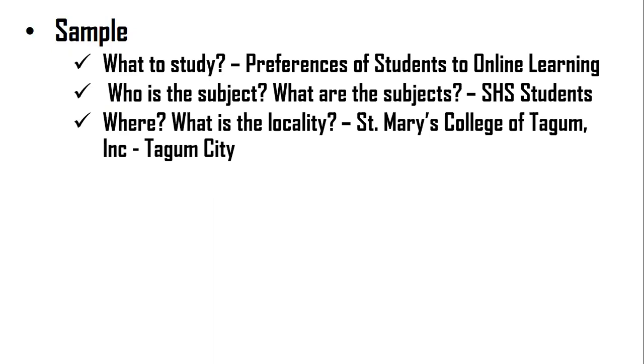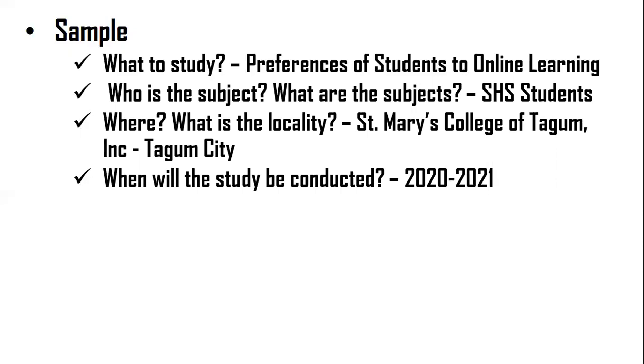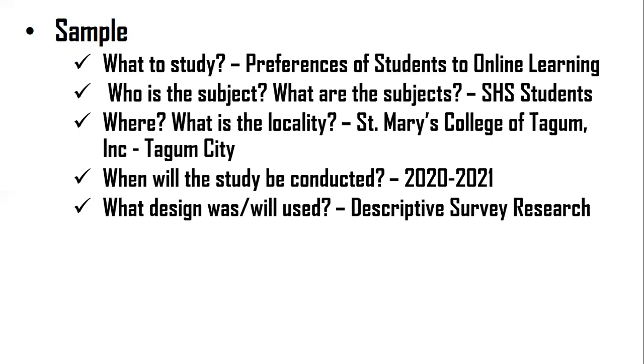But in your paper, you are going to put there one of the colleges or one of the Catholic universities or colleges in Tagum City, so that you can have, let's say, the confidentiality of the school. Okay. So next is, when will the study be conducted? 2020-2021. What design will be used in this study? Descriptive survey research. This is a social research, quantitative social research.